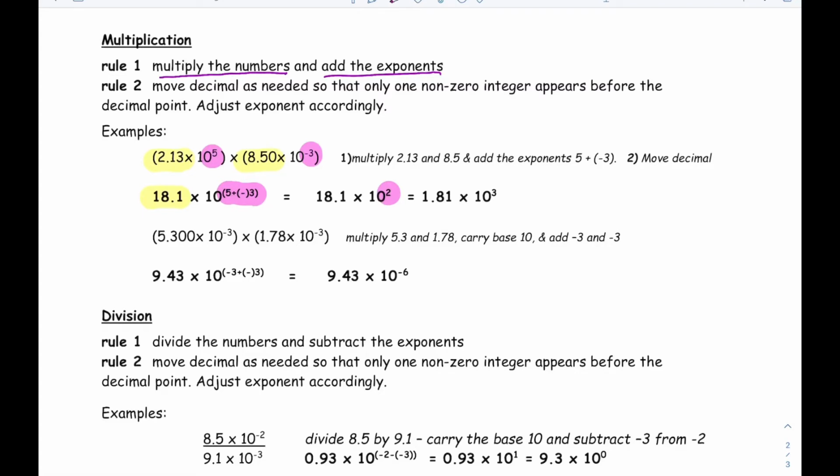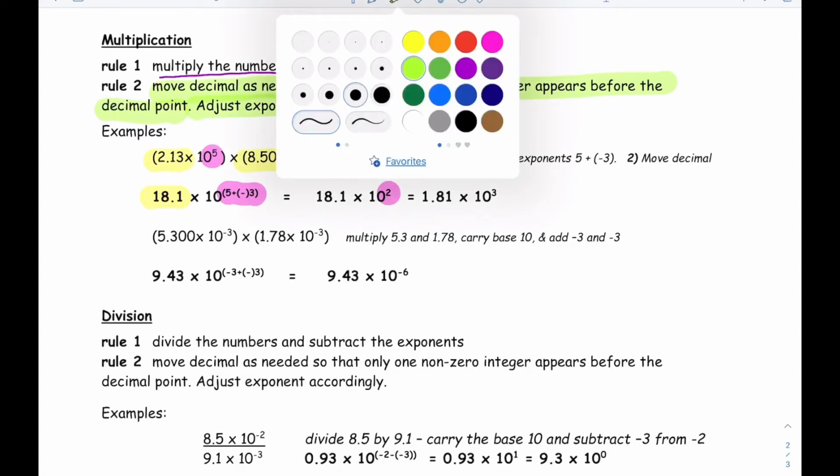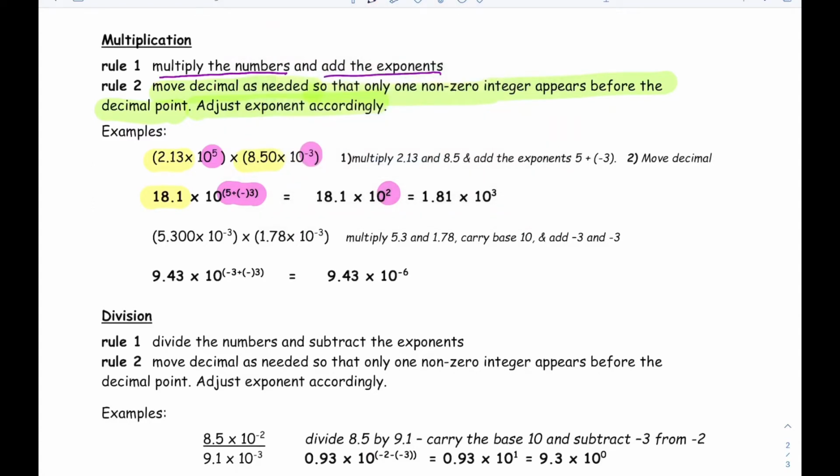Okay, now the final rule is to move the decimal as needed so that only one non-zero integer appears before the decimal point. And then we're going to adjust the exponent accordingly. So if you take a look at where the decimal point is right now, it's after the 8. It needs to be before the 8.